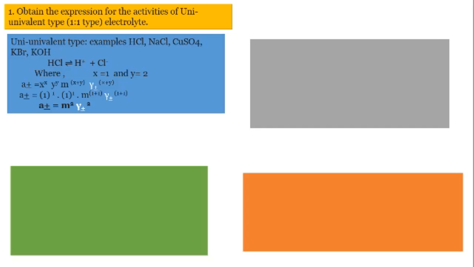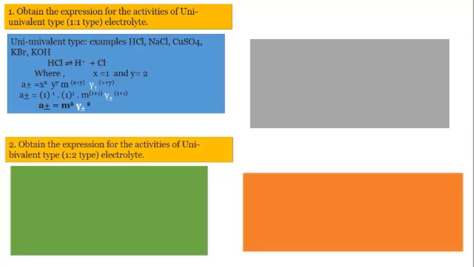Simply m raised to 1 plus 1 will be m square, and gamma plus or minus raised to 1 plus 1 will be gamma plus or minus square. That is about the activity of the univalent type of electrolyte. It is also called a 1:1 type, meaning one cation is there and one anion is there. You have to remember that.